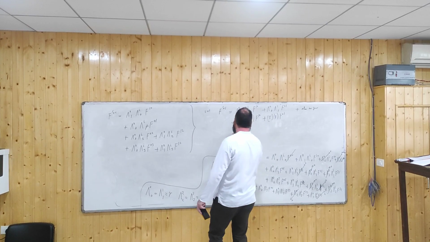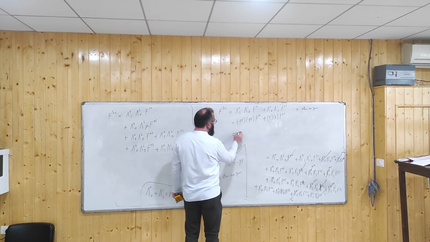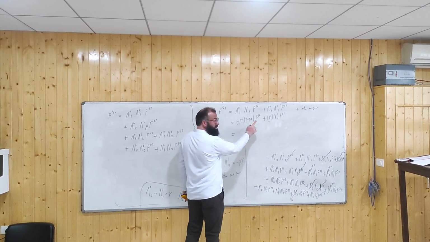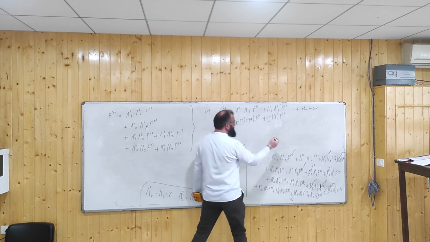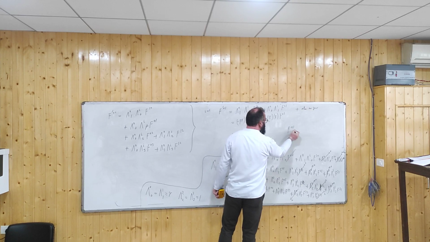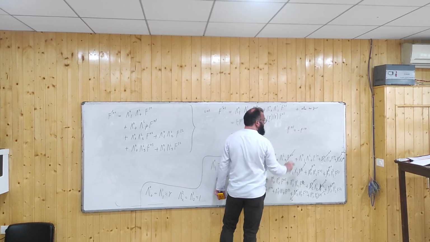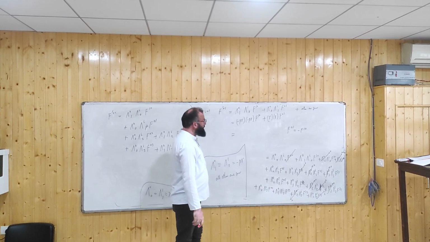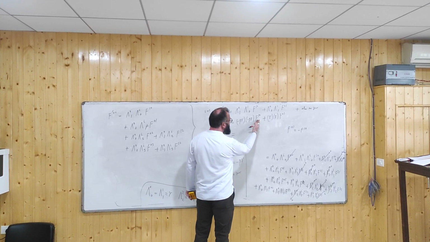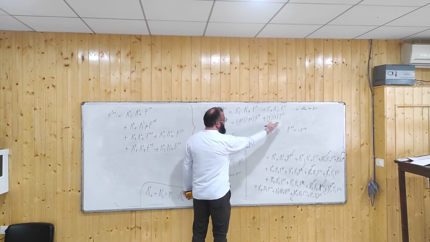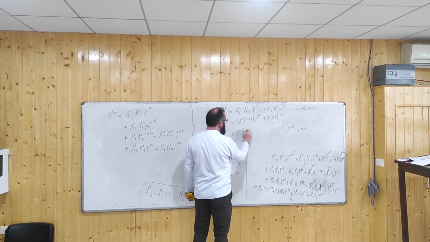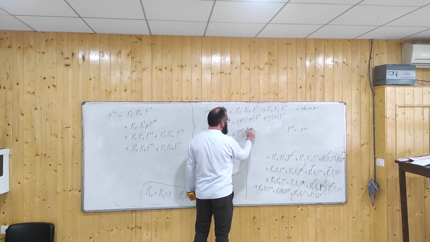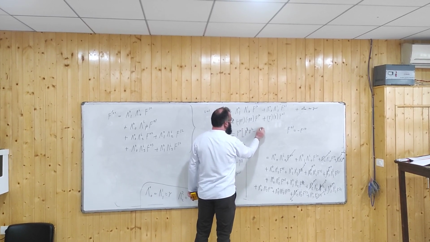What is F10? It's minus F01. So F01 is equal to minus F10. True? You can put this in terms of F01, or in terms of F10. Let's write F10 this way. So it is beta square, gamma square, minus gamma square.